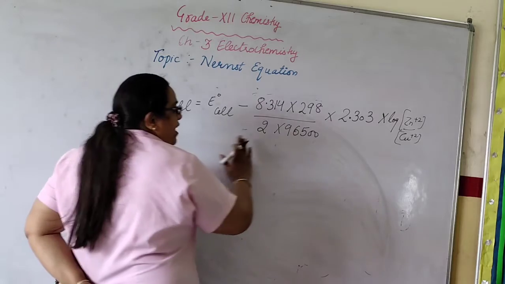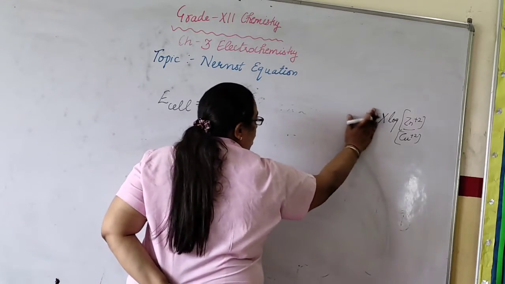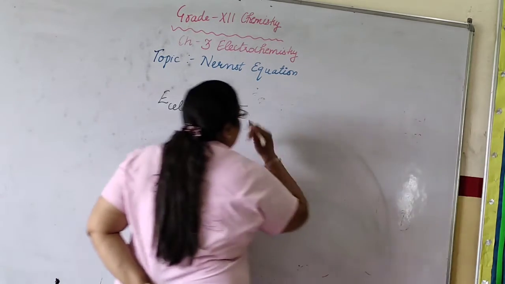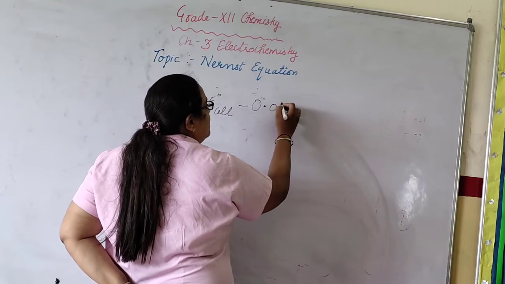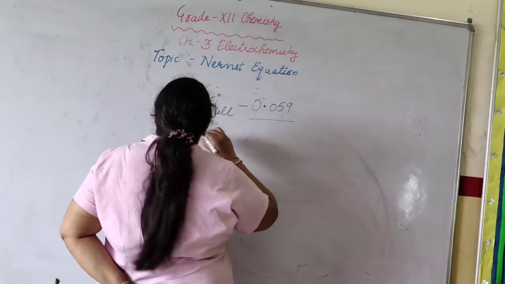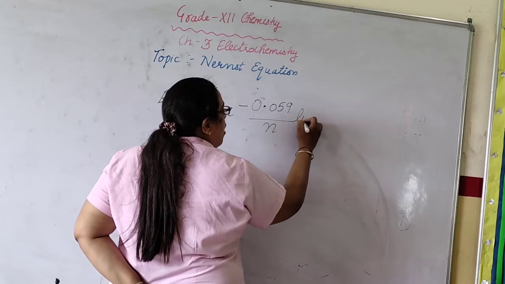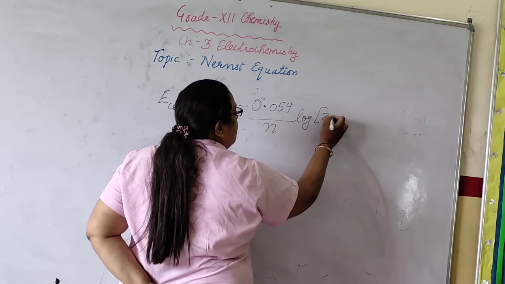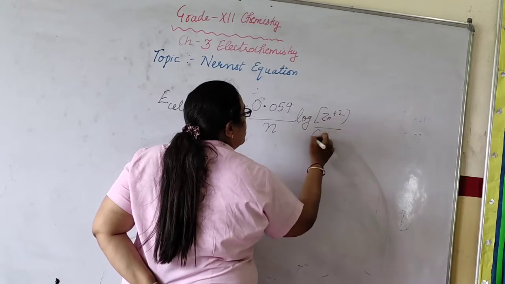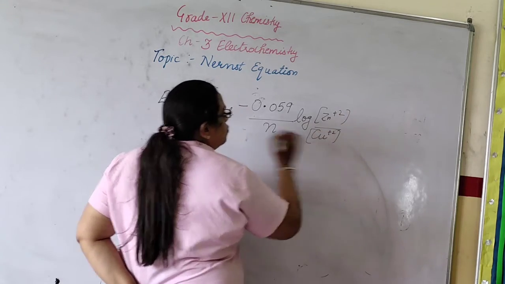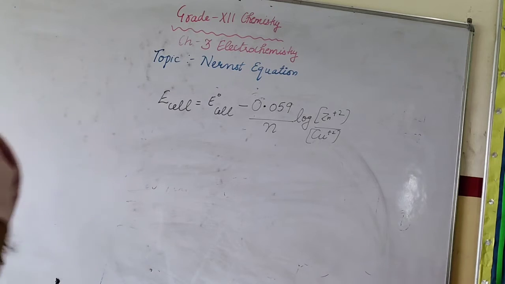When I simplify all this, it comes out to be 0.059 over n log Zn plus 2 over copper plus 2. This is the general expression for the Daniell cell for calculating E cell in non-standard conditions.